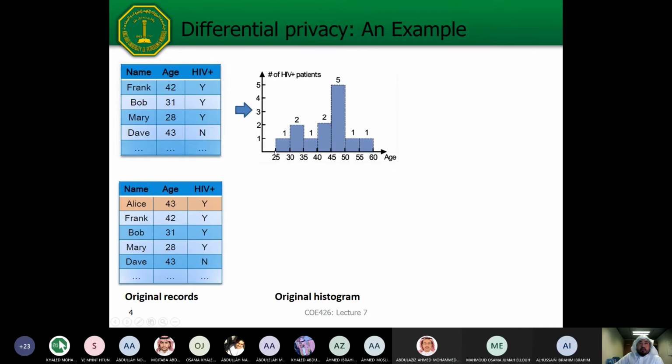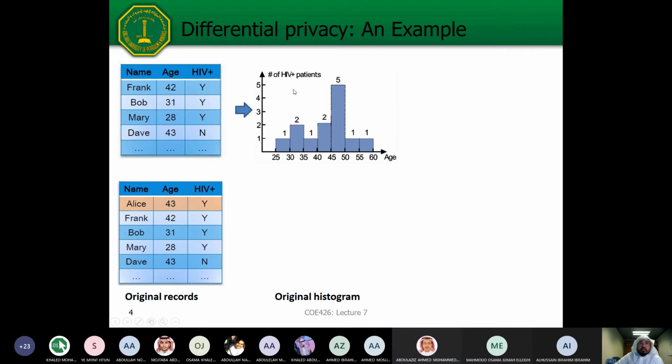In the first query, you ask how many HIV positives are in the range between 25 and 30. You will get 1. So you will build this. Then you ask the same query: how many HIV positive in the range between 30 and 35? You will get 2, and so on. So in fact, you are going to ask how many queries? 1, 2, 3, 4, 5, 6, 7 queries, one after the other, and you'll get this frequency histogram. See the point? Okay.